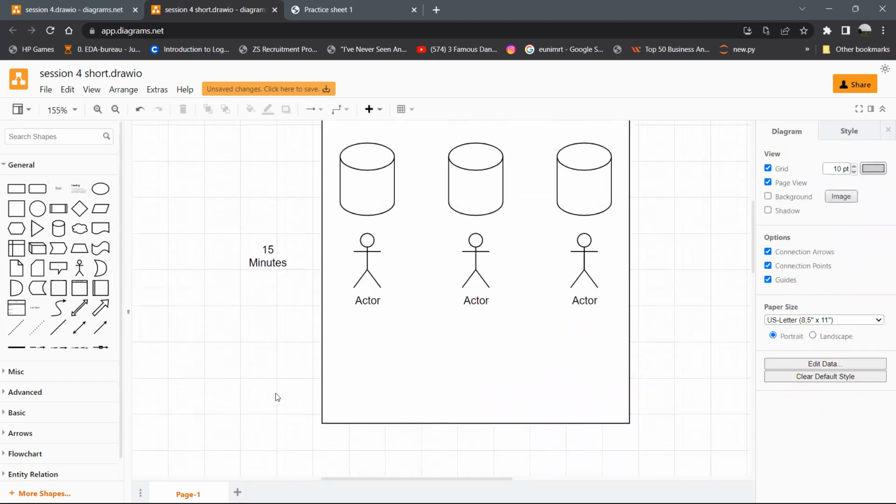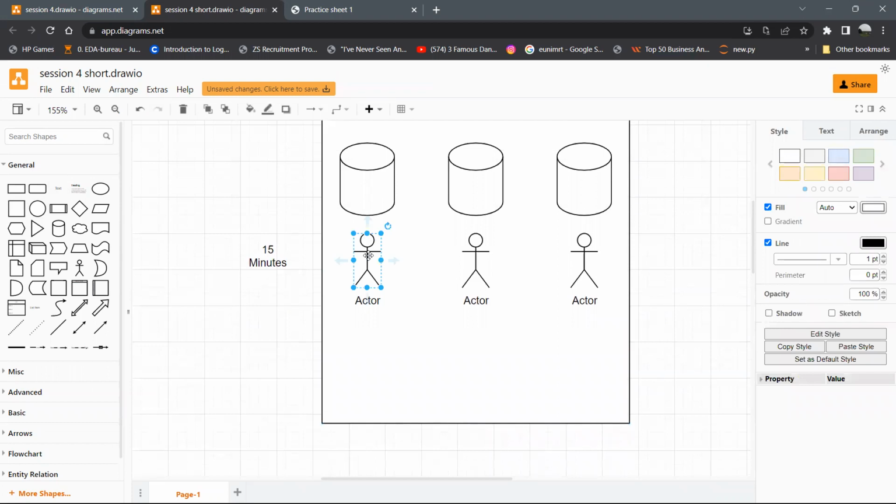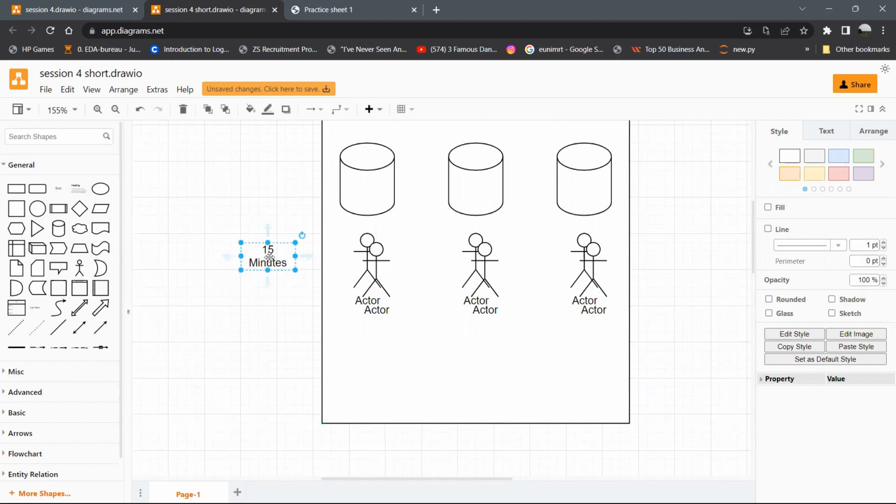Now let's double the customers. The first customer will get the coffee at 15 minutes, and the next customer will be waiting for 30 minutes.